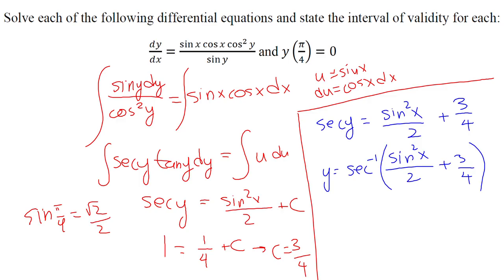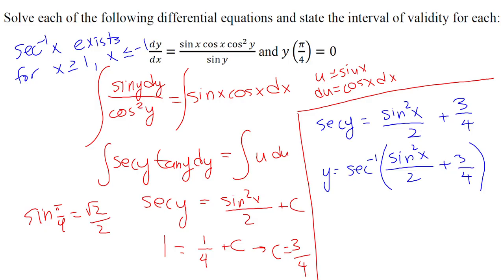In order to do that, we need to note that we can only take the inverse secant of things that are greater than or equal to 1 or less than or equal to -1, right? So like the inverse secant of x exists only for x greater than or equal to 1 and x less than or equal to -1.